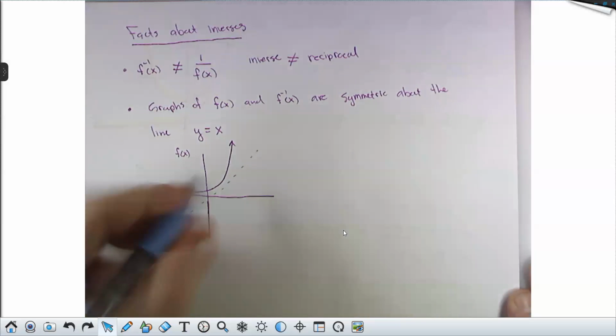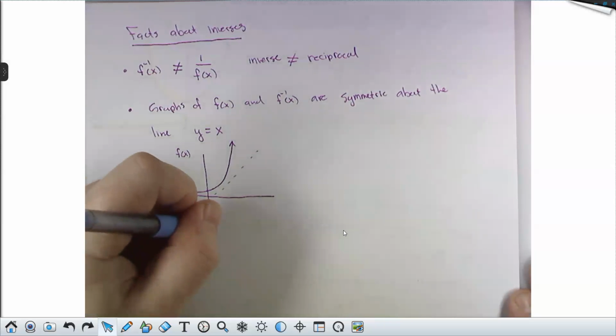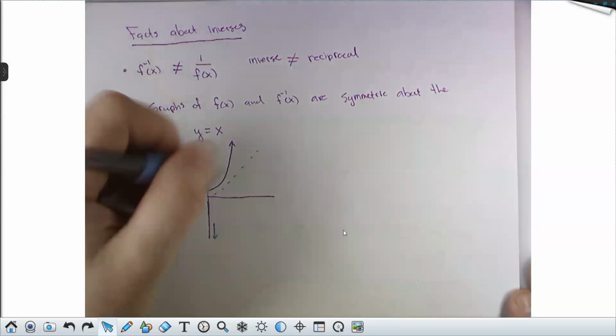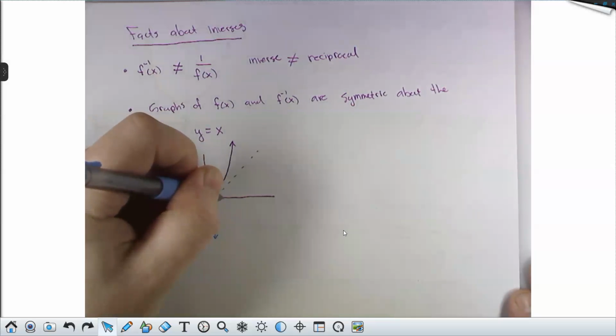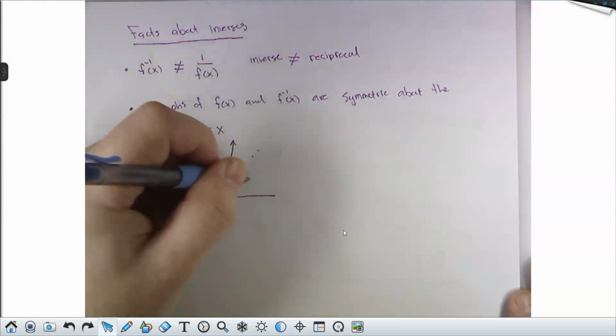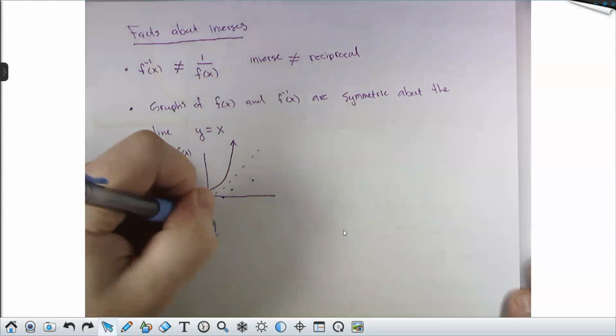So if I reflect this, it looks like this. If I reflect this, I get a point here. If I reflect this, I get a point here. If I reflect this, I get a point here.